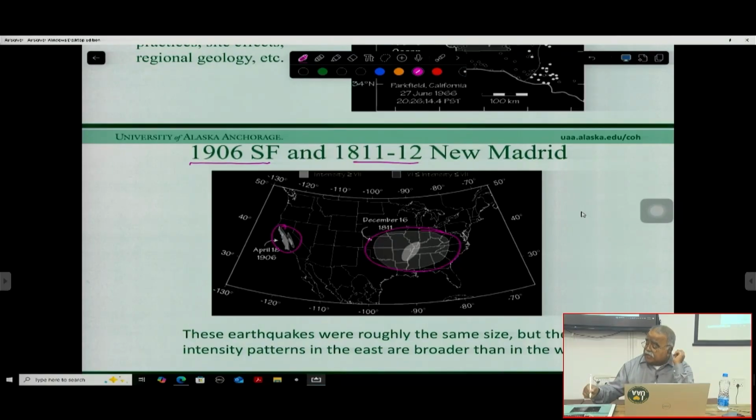As a result, although they are of the same size, their intensity felt in regions is different, right? So it will be very difficult to conclude from the intensity map what the difference is between these two earthquakes.